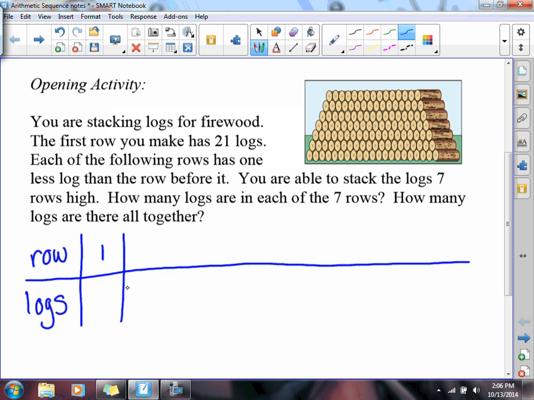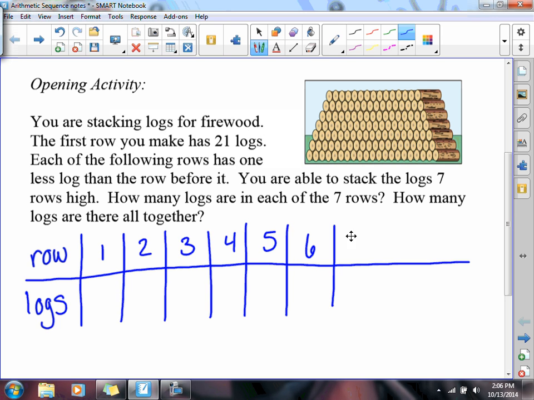So I have 7 rows in this stack of firewood. And then it said my first row had 21 logs, and each of the following rows had one less log. So my second row will have 20, and then 19, 18, 17, 16, and 15.